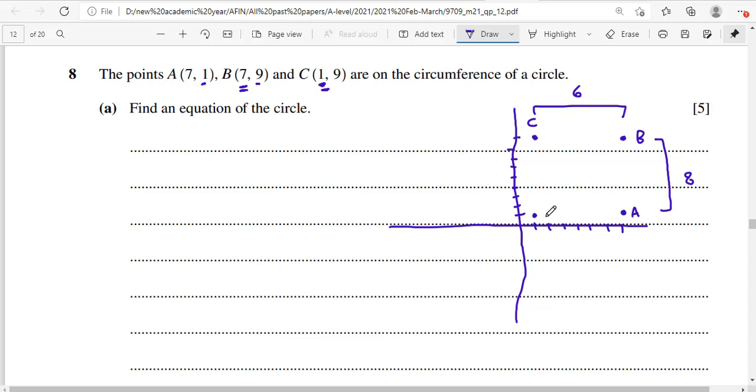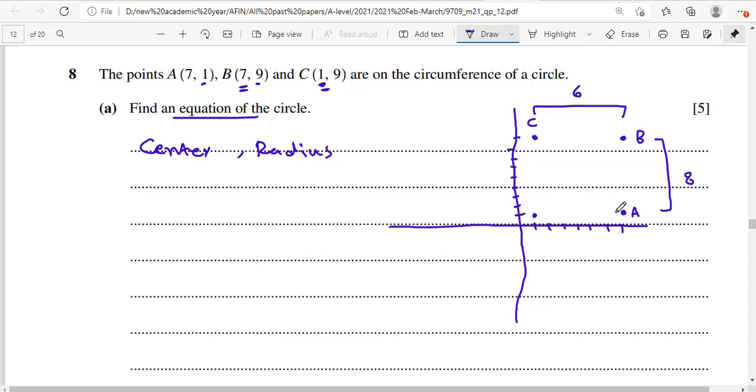What does that mean? In order to write the equation of a circle, we need to know the center and the radius.